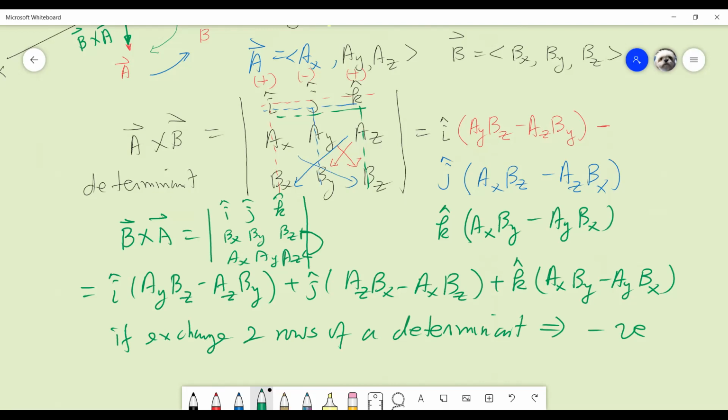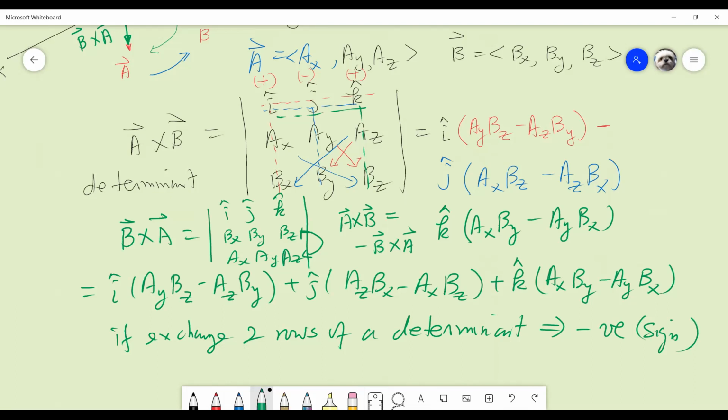A cross B is equal to negative B cross A. Am I right? Okay.